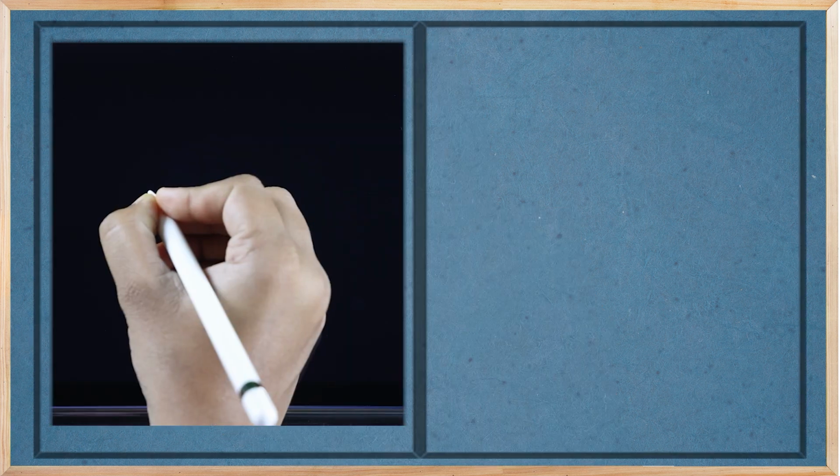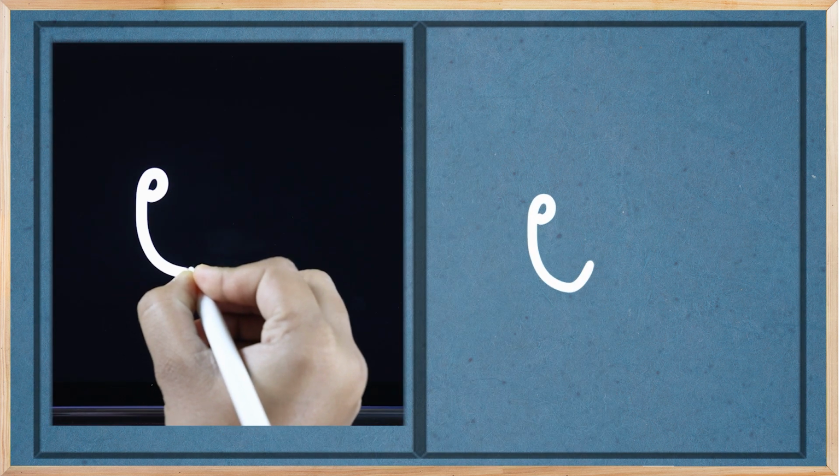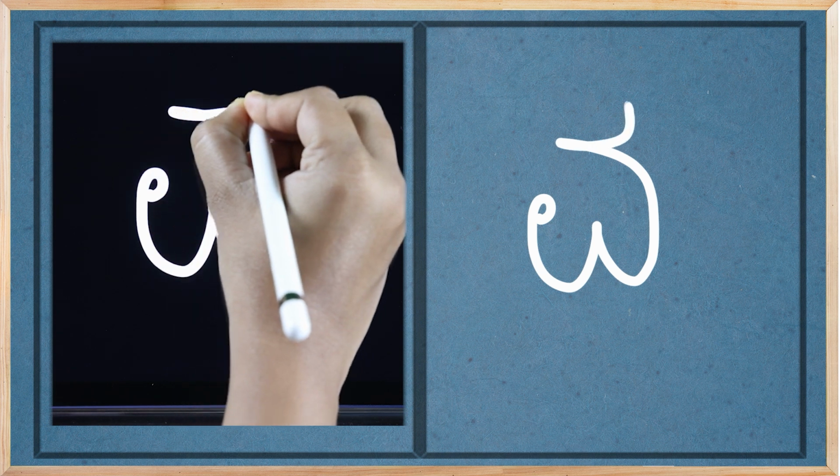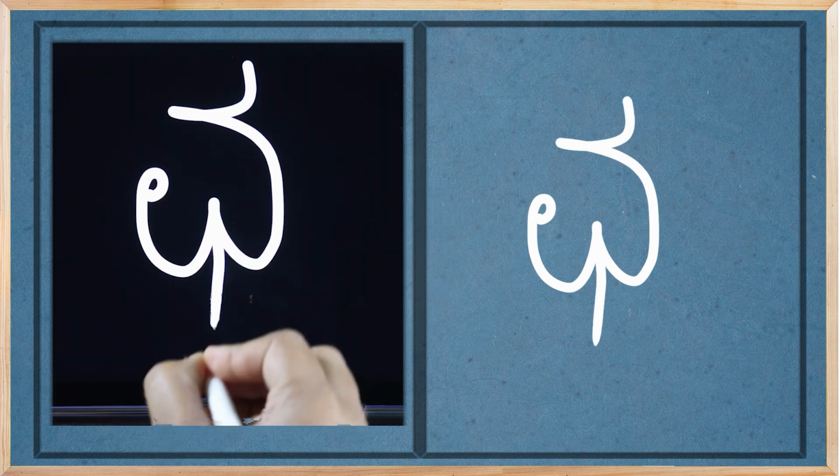Cha. To write the letter Cha, begin with the shape of A, add a talakattu, and insert a line in between the two semicircles.